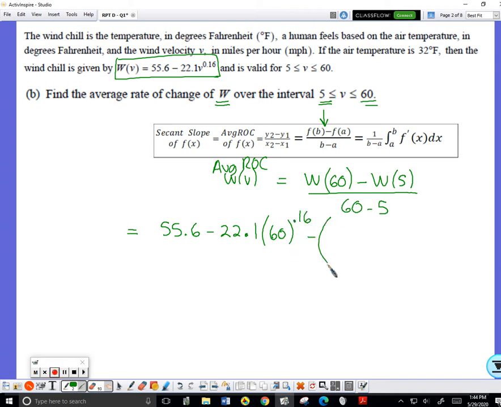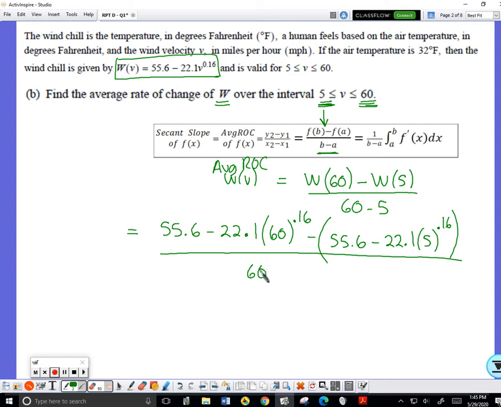Now minus a bunch of stuff, so put a parenthesis, 55.6 minus 22.1, plug in 5, all raised to the 0.16, and it's all divided by 60 subtract 5, just like the formula here. That will get me full credit on that question.